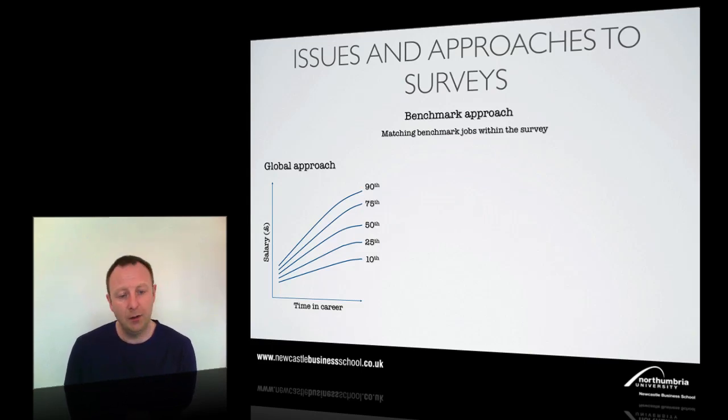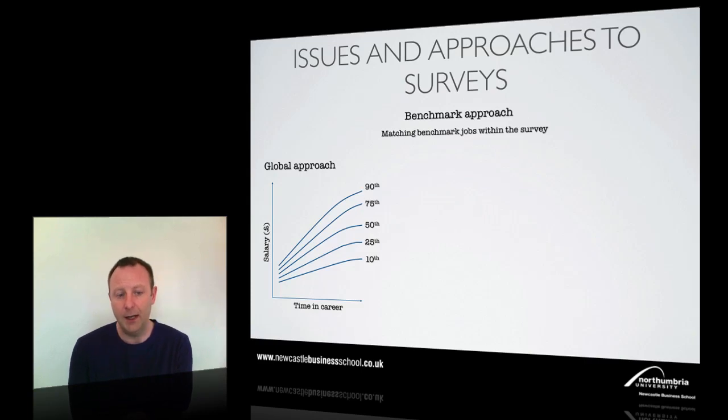We also see a range of different issues that crop up in surveys which affect different kinds of organisations with different types of jobs in mind in different ways. And we can look at different types of surveys which help organisations respond to these particular issues. So, for example, it might be that in some industries the rates of pay for a specific job are not the be-all and end-all.